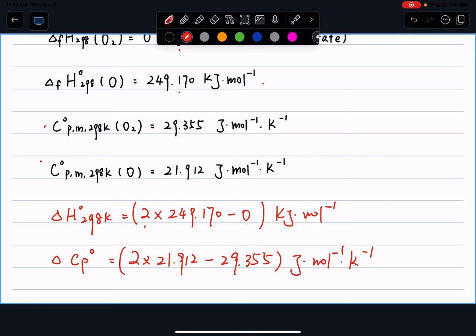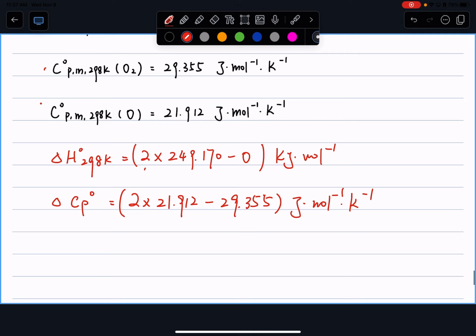And at the end, we're trying to take into consideration your temperature change by using delta H naught at 1000 K equals your delta H naught at 298 K plus your delta Cp naught times the change of temperature.